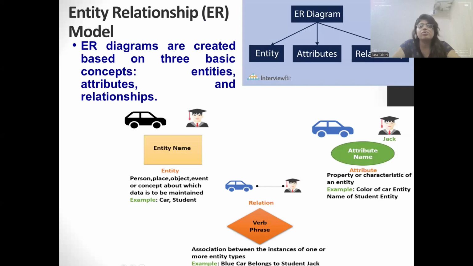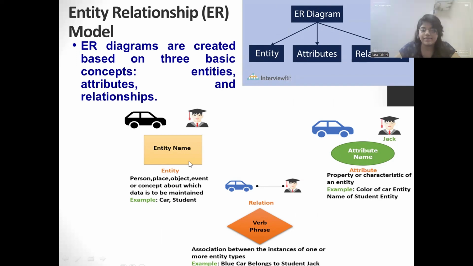Next, we'll know what the ER diagram model is about. As I said, an ER diagram is divided into entity, attributes, and relationship. An entity basically can be a person, place, object, event, or a concept about which the data is to be maintained, like a car or a student.